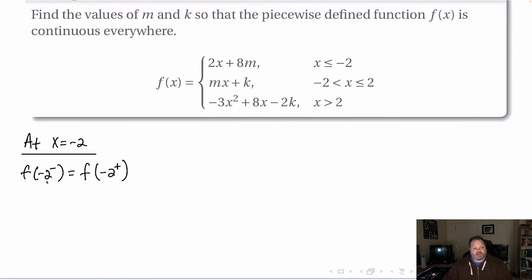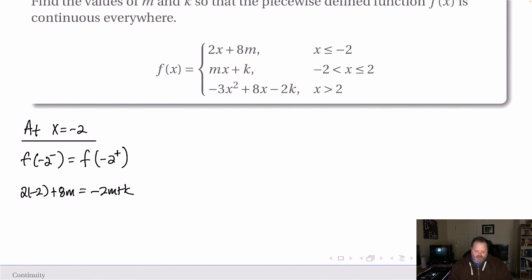Let's think about the thing on the left. This is the function's value at negative 2 to the left of negative 2. So if we're to the left of negative 2, we're on this graph, and if x is negative 2, then you get 2 times negative 2 plus 8m. That has to equal, if we're to the right of negative 2, we're on this graph. So if x is negative 2 plugged into this graph, that would be negative 2m plus k.